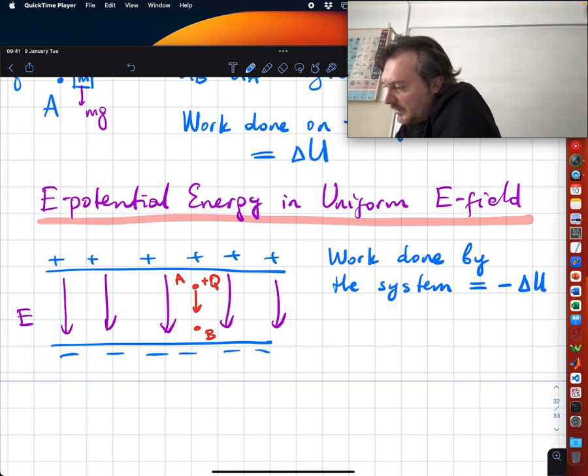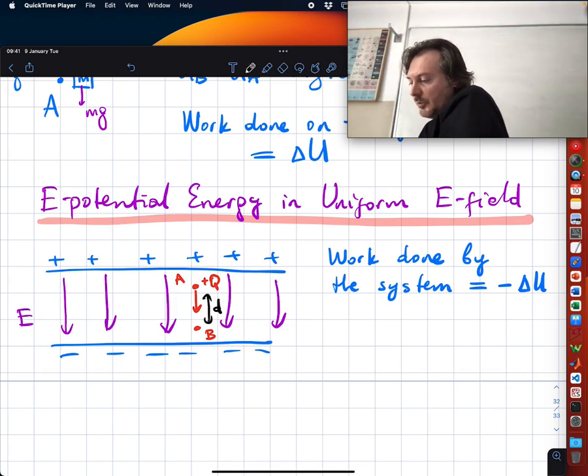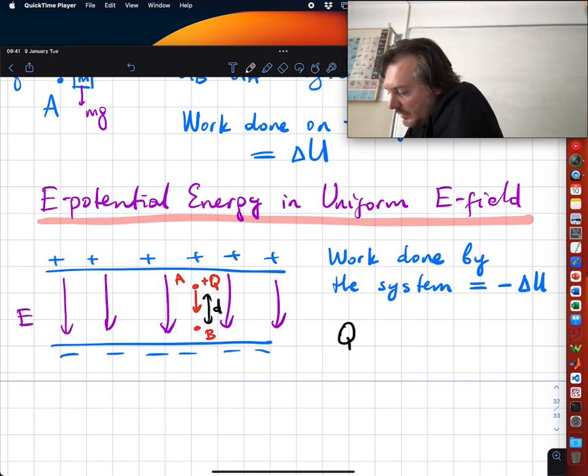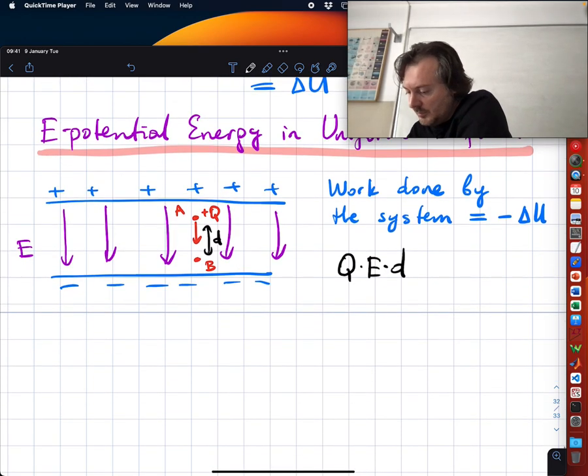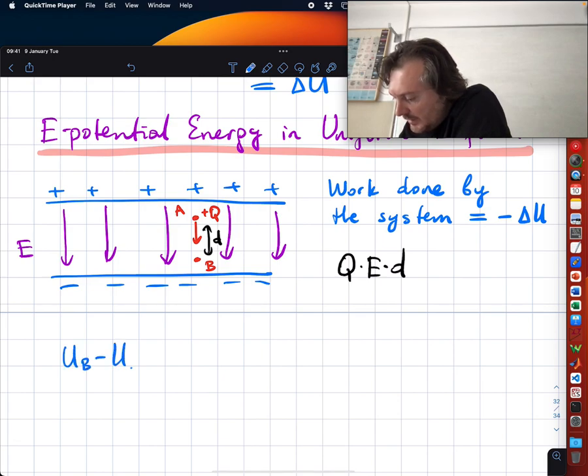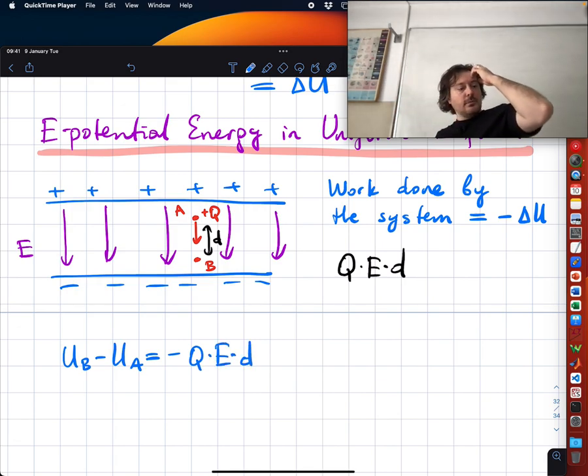If this is the electric field, this is plus Q, and let's say this is the distance of D. Then the work done by the system is Q times E times D. And that must be negative delta U. So UB minus UA is negative QED. Does everyone understand this?